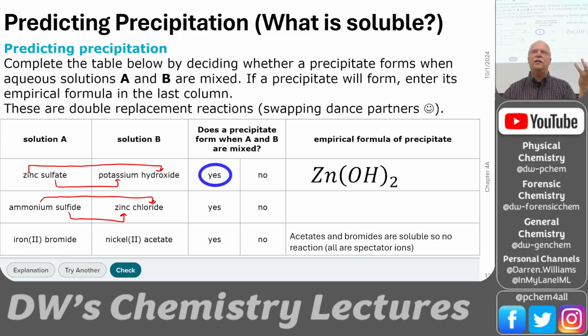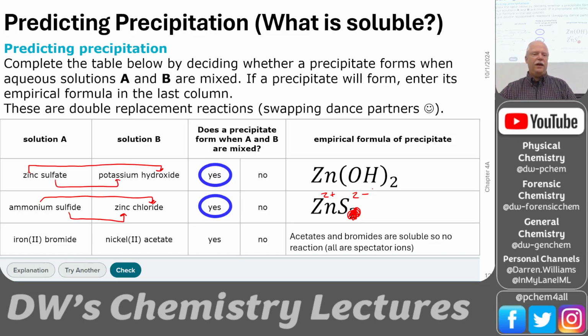The sulfides are insoluble except when they are paired with the alkali metals. So absolutely we have a precipitate, and this is going to be ZnS. It's not a 2, so that's actually a mistake. Scratch out that 2. Must be a copy-paste error. Zinc 2+, S 2-.